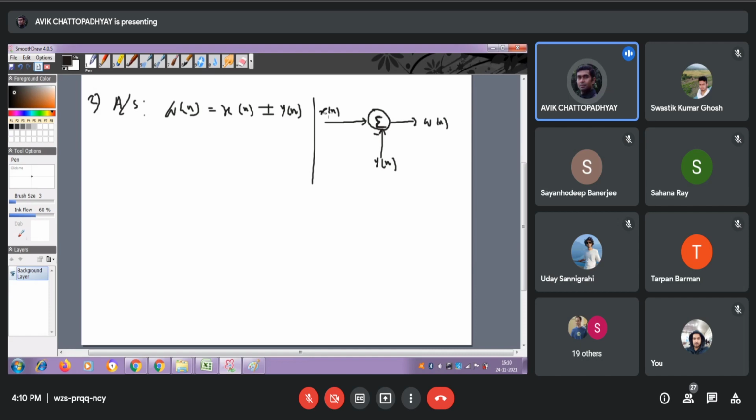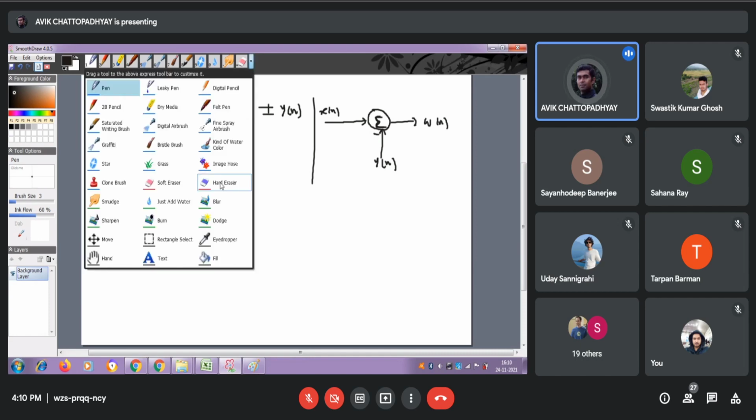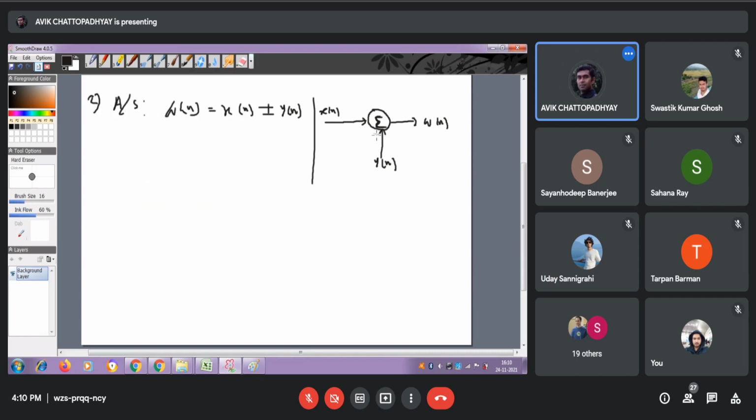So this indicates you are subtracting y[n] from x[n]. Now if you use the negative sign here, then it indicates you are subtracting x[n] from y[n]. So that negative sign indicates which sample or which signal, in general or as a whole, is subtracted from the other.